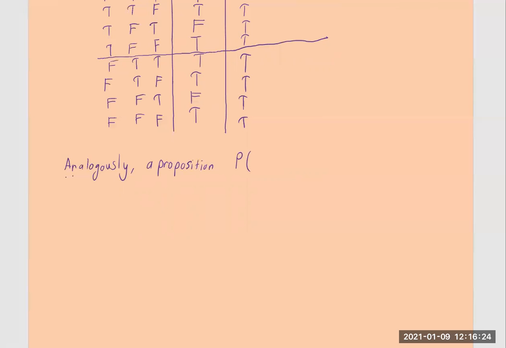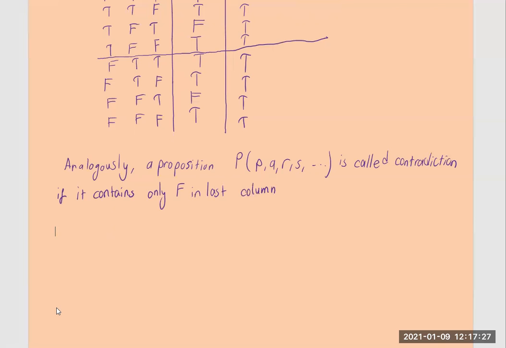Again, a proposition P, Q, let's say R, S, is called a contradiction if it contains only false in the last column of its truth table.